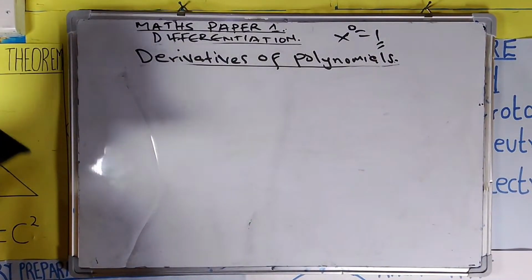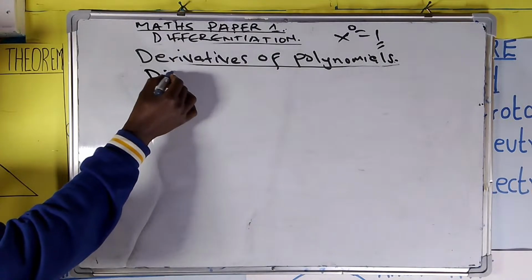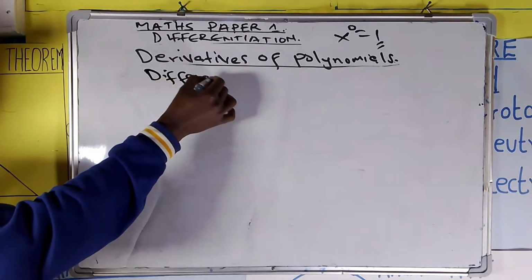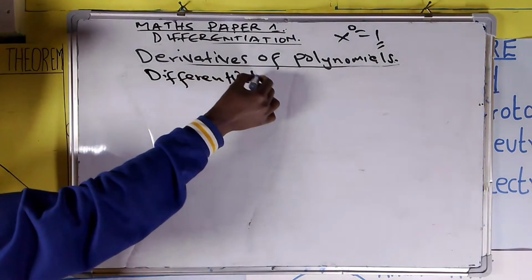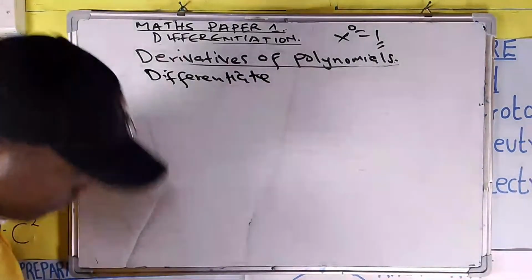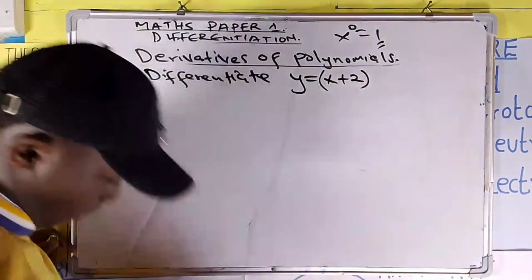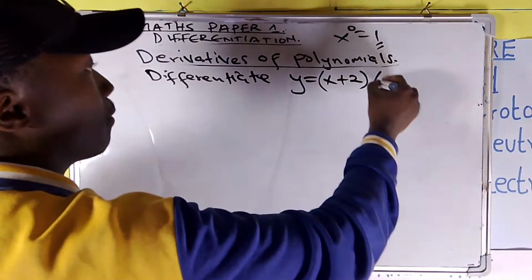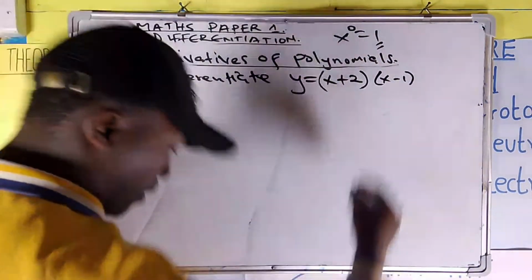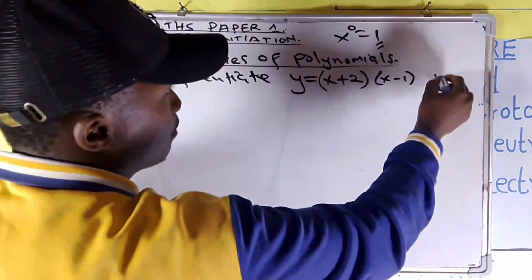The last bit of this question is: differentiate y equals x plus 2, x minus 1, with respect to x.